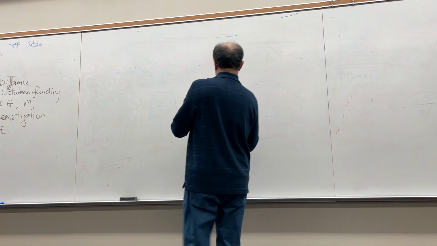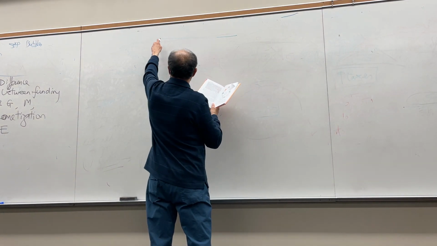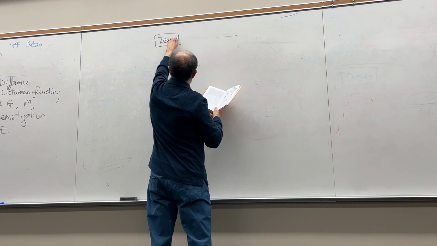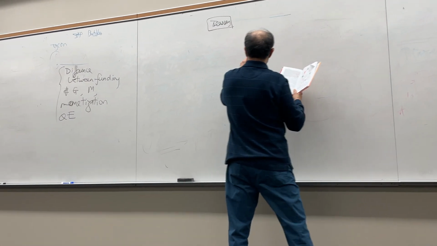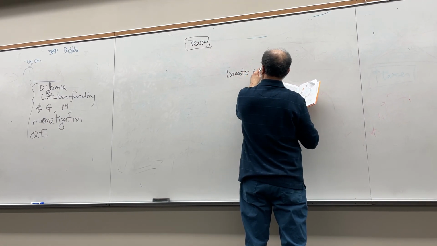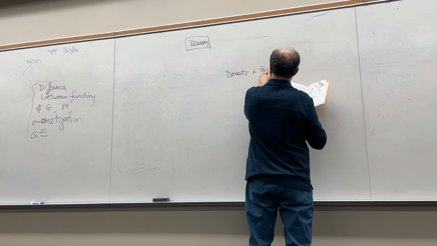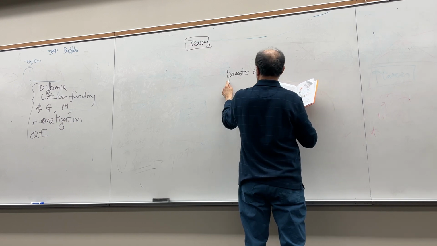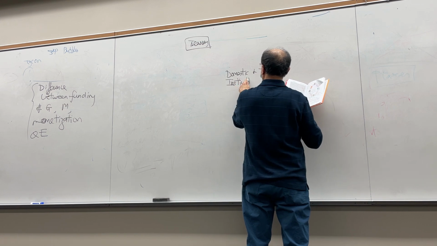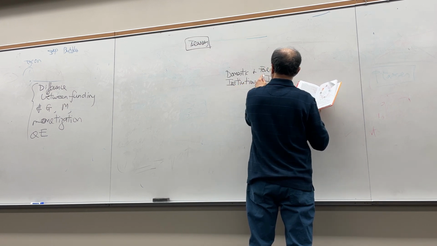So here we are. This is the Treasury. And here is domestic and foreign institutions and investors. So come on, this is a nice review.